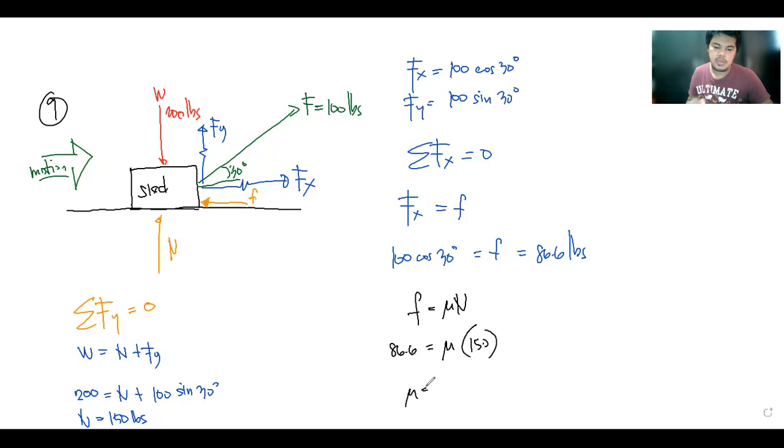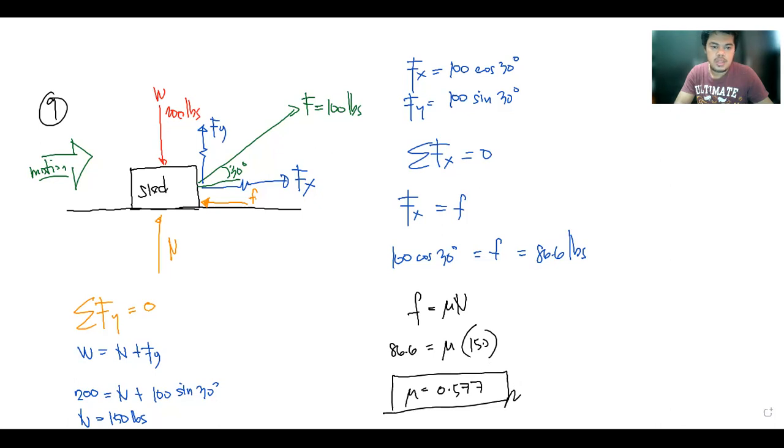So the coefficient of friction is equivalent to 0.577.